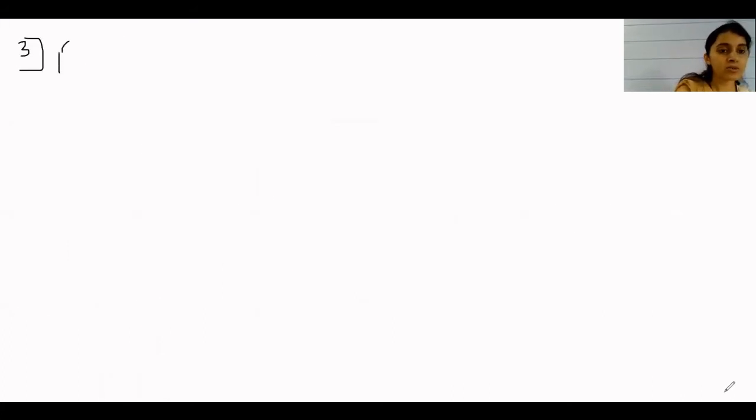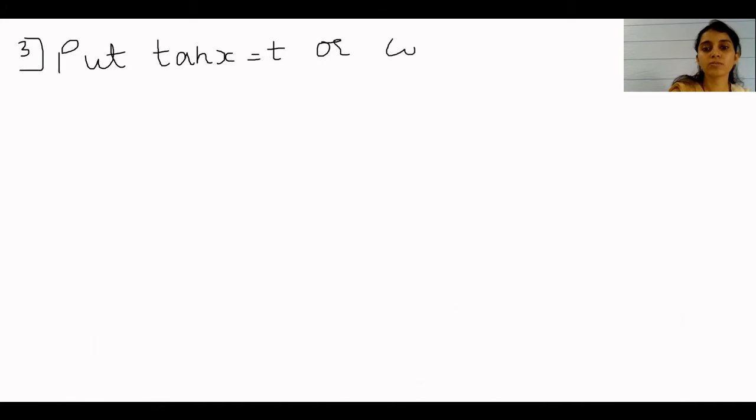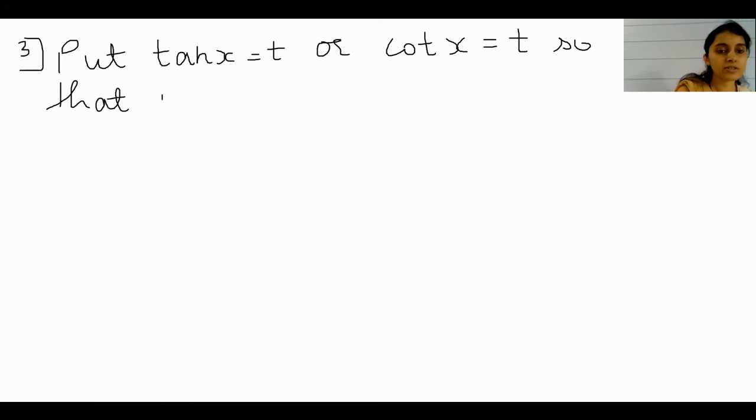Third step: put tan x equal to t, or cot x equal to t. It depends on what substitution you have done, you will do the next substitution, so that the integral reduces to the integration of 1 upon a t square plus bt plus c dt.